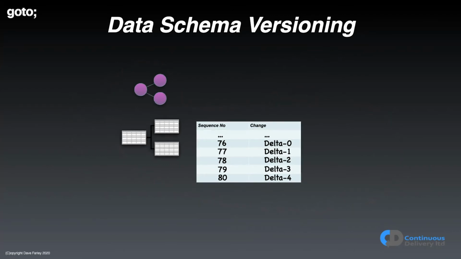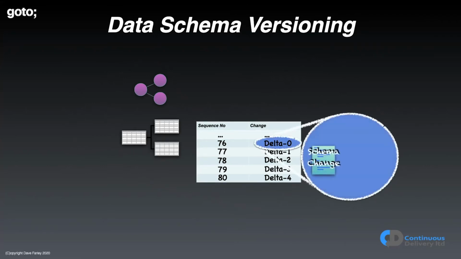So what does one of these things look like? Let's dive into one of these delta scripts in a bit more detail. We're going to have a script that represents the change in data structure. And then we're going to have a separate script or scripts that describe how to move the data from the previous version of the data structure to the new version. And then we're going to have a bunch of tests that evaluate the migration scripts.